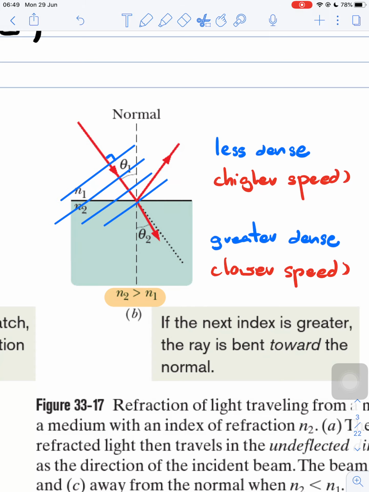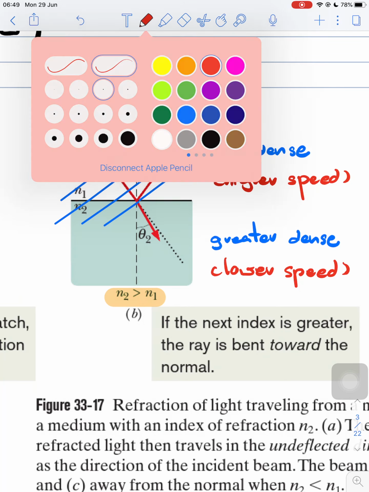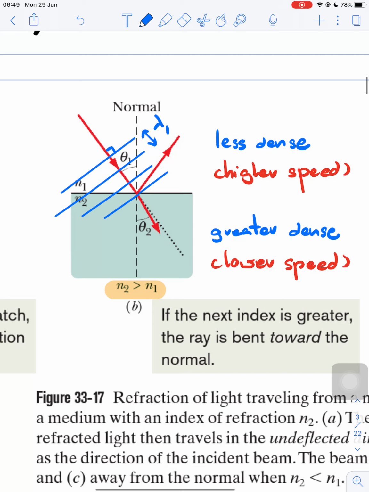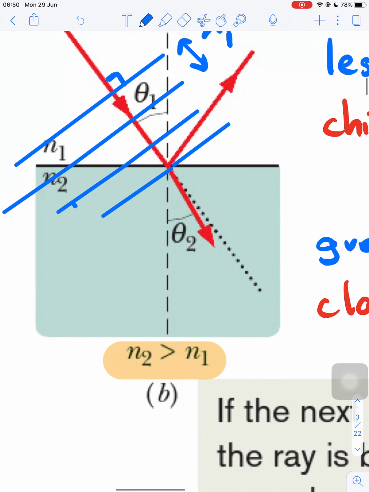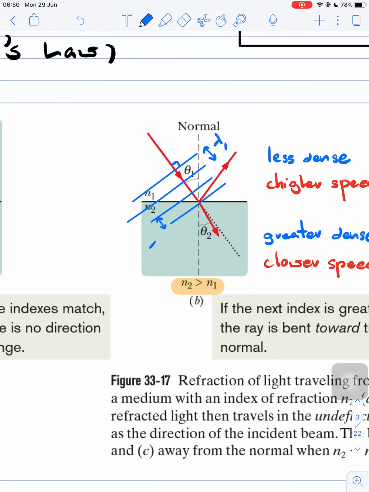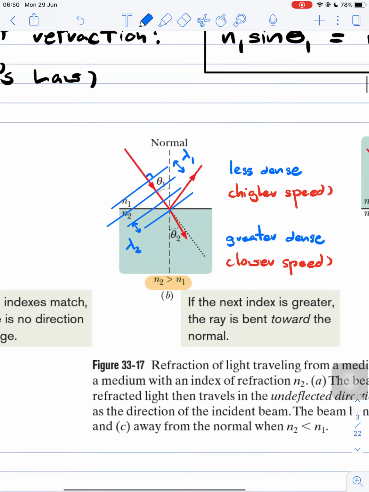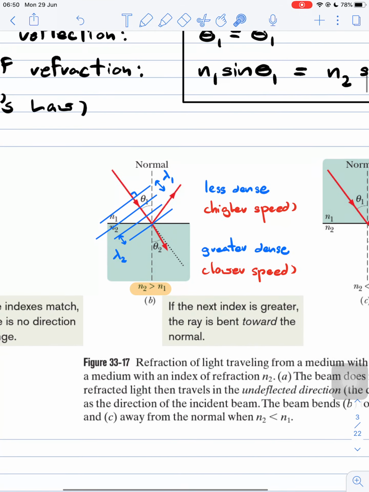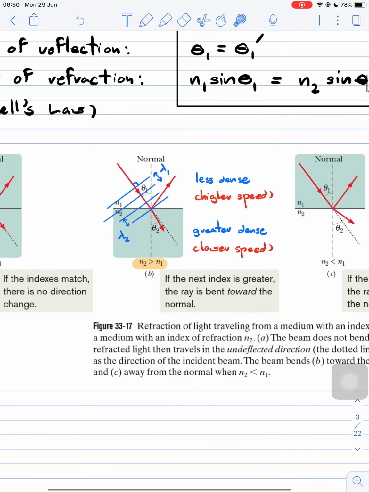Okay, so one thing that you can notice is that if this distance is the wavelength of the light in medium 1, let's say lambda 1, and here is the wavelength of the light in medium 2, let's say lambda 2, then it's clearly seen that lambda 1 is greater than lambda 2, as we expect.